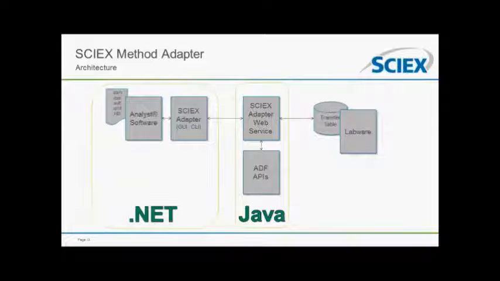The web service interacts with the ADF APIs, creates an ADF file, populates the data description and the data package layers, and then writes that to a transfer table in Labware. What this let us do is use the built-in Java Oracle support that was desirable for us, and insulated all of the ADF operations outside of the Analyst .NET environment.